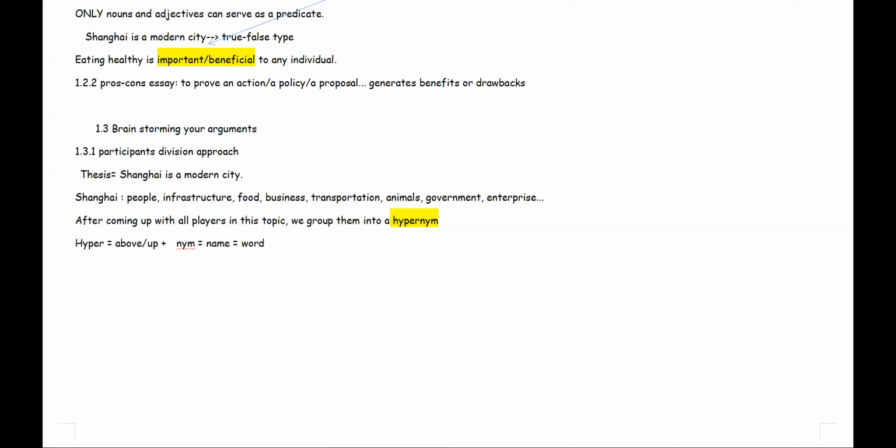So let me give an example. Typical hypernym, something like this one, tool. Tool is a typical hypernym. It gives you a direction, but not with a detail, right? It's a group. So if you look it up in the dictionary, the definition for tool goes something like that: a tool is a device that can assist someone to achieve the goal, right?